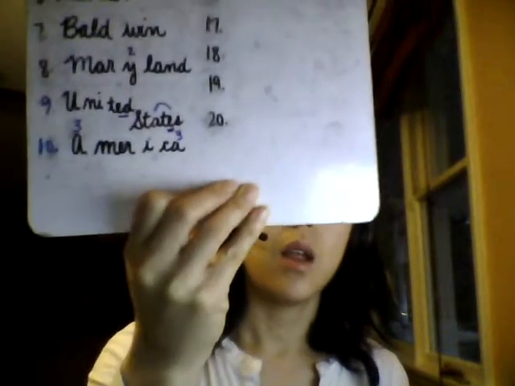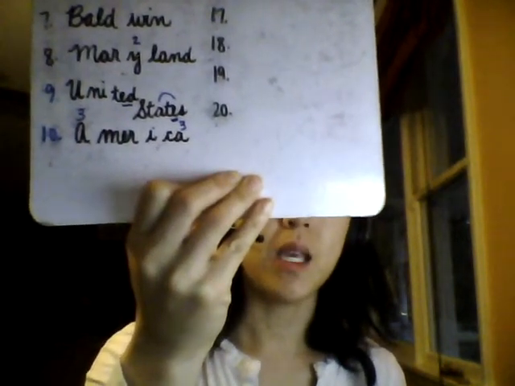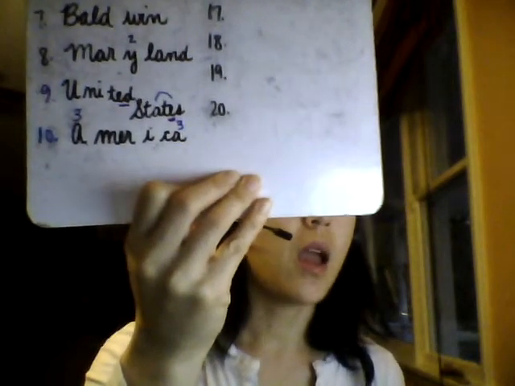Four syllables, think to spell A, M, E, R, I, K, A. The A's are saying their third sound. America, spell out loud with me. A-M-E-R-I-C-A. America.